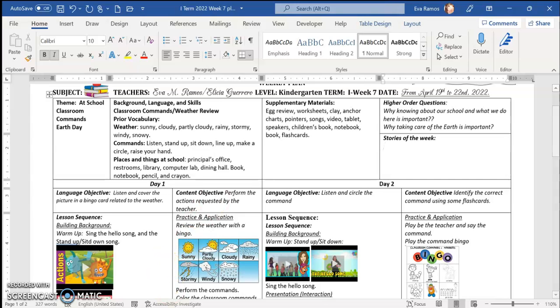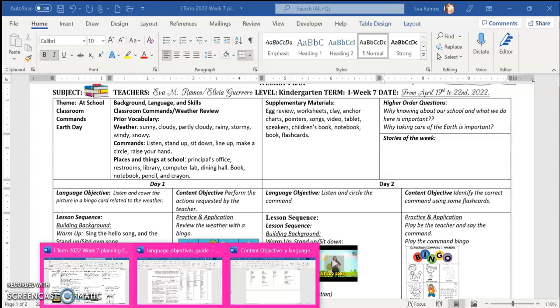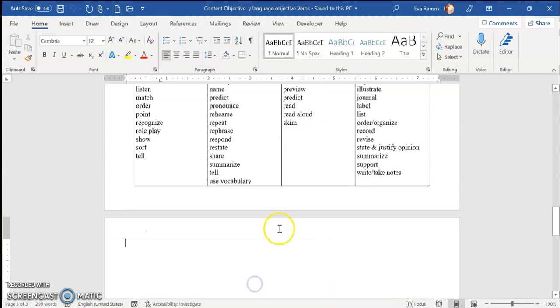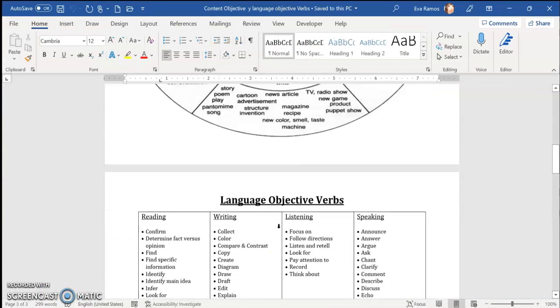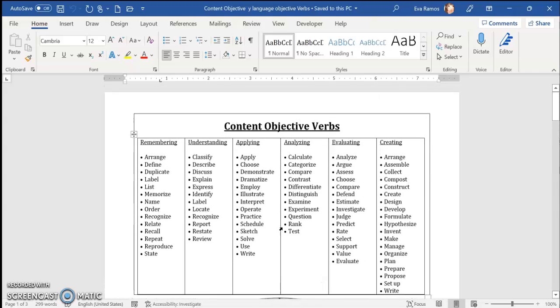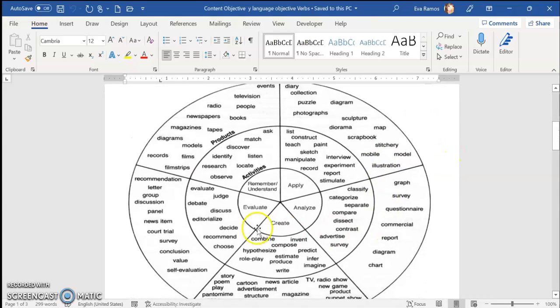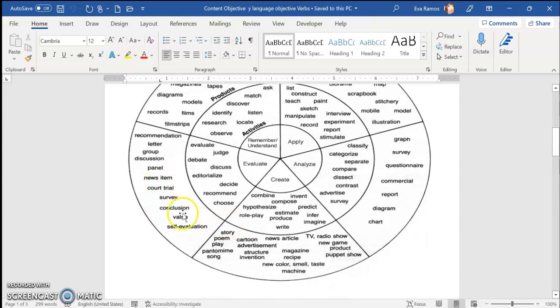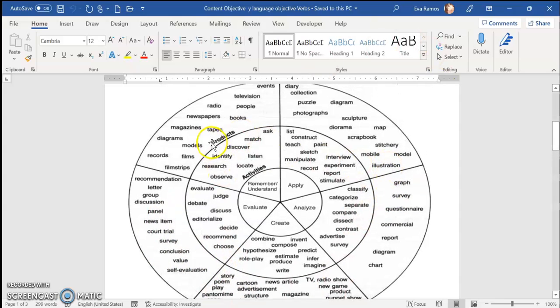And I will be also sharing some information that I have downloaded some years before, where you have access to certain verbs, and you have content objective verbs, which actually use Bloom's taxonomy. And here is the famous wheel where you have the objectives, and where to find the products or the activities that you can do.